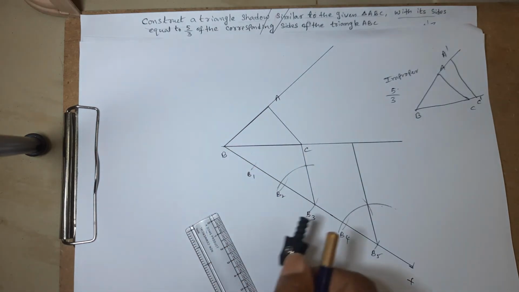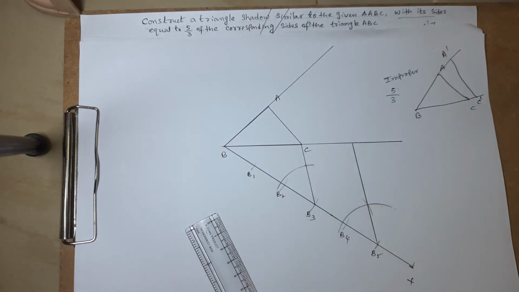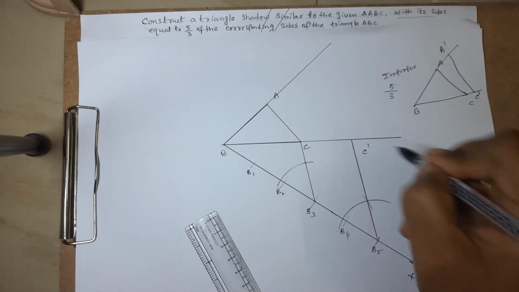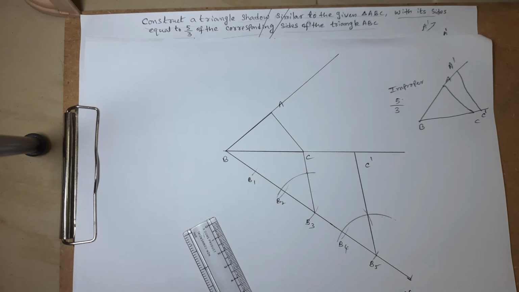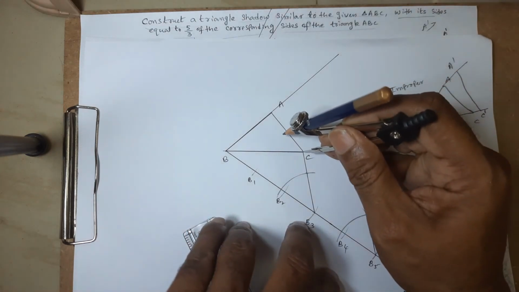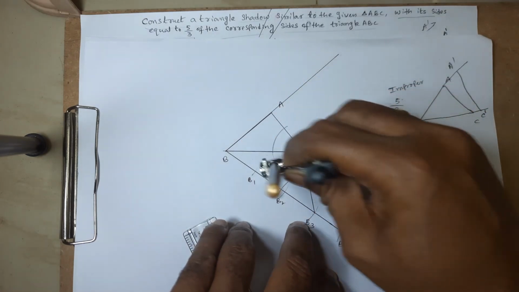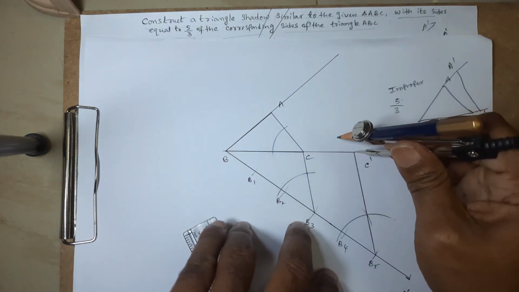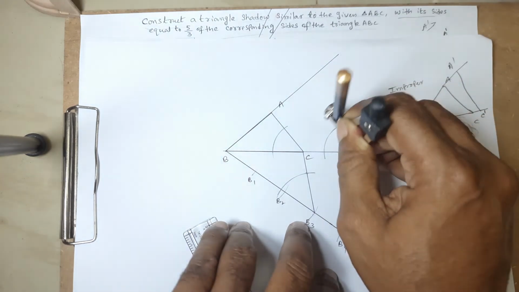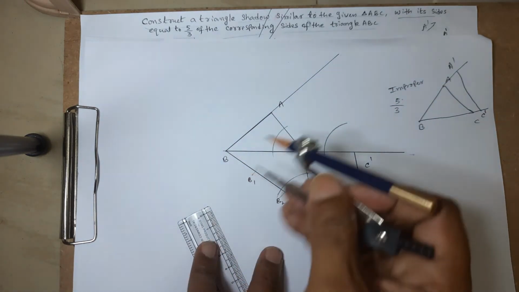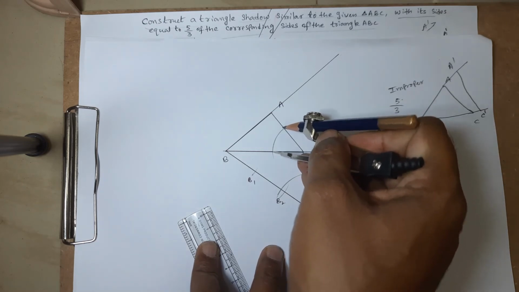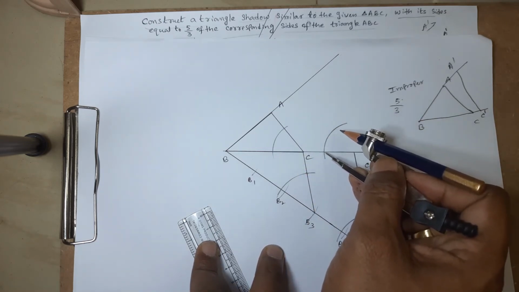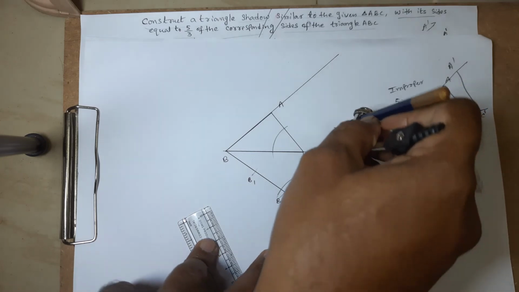So this B3C and B5C', this is C', are what? Parallel lines. Next, again we have to draw another parallel line. The same process here also: just draw an arc with C as center, and with C' as center draw another arc with the same radius, and measure the length of this arc, and here also measure this arc.